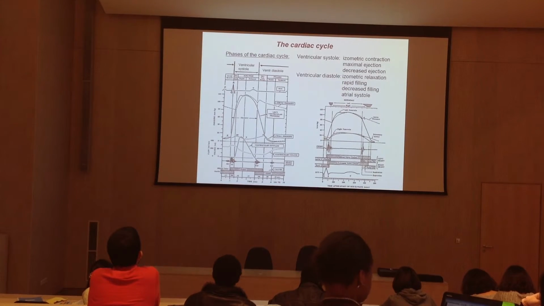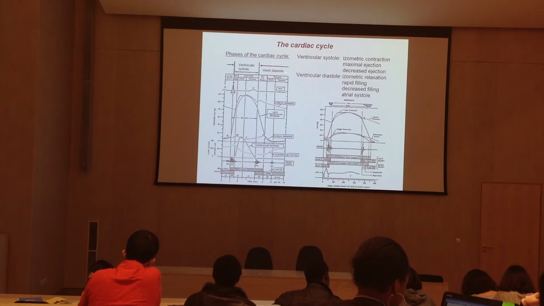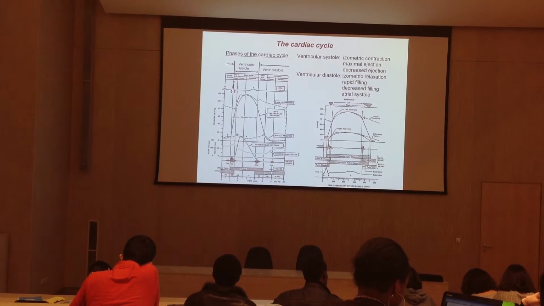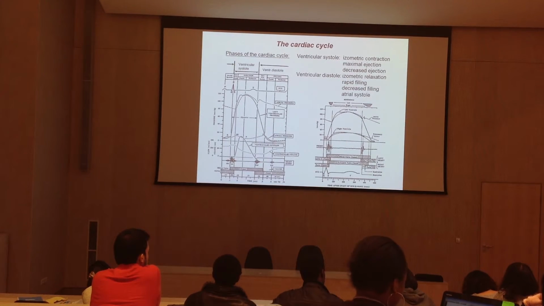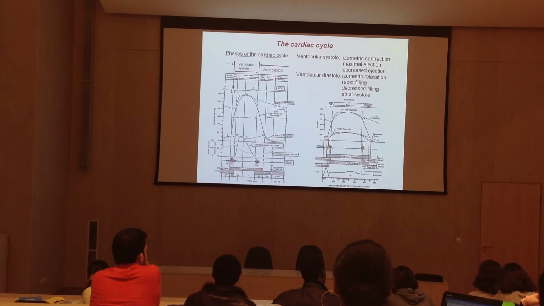And the second large period of the cardiac cycle is the ventricular diastole. Okay? Why is it necessary to say ventricular systole and ventricular diastole? Because the atrium has a systole too. And you see here that the atrial systole is part of the ventricular diastole. Okay.